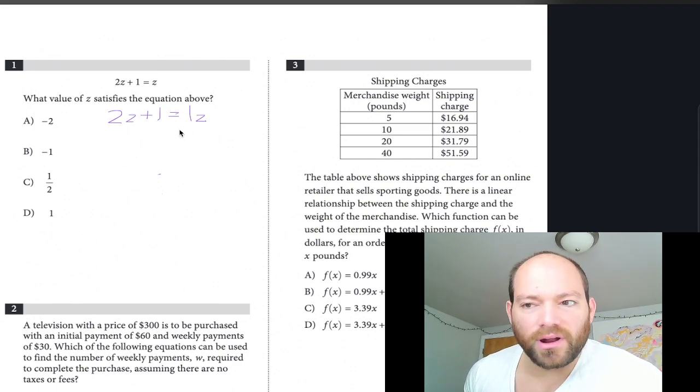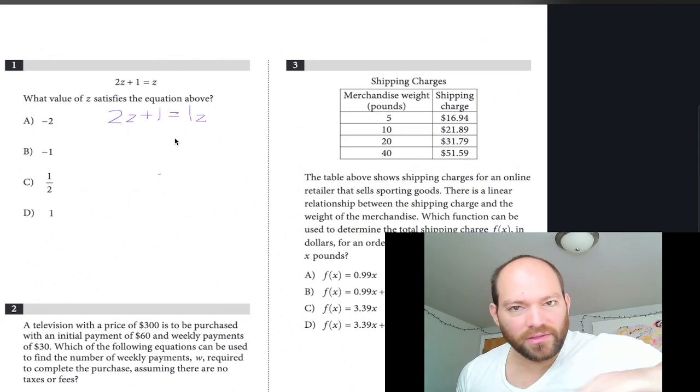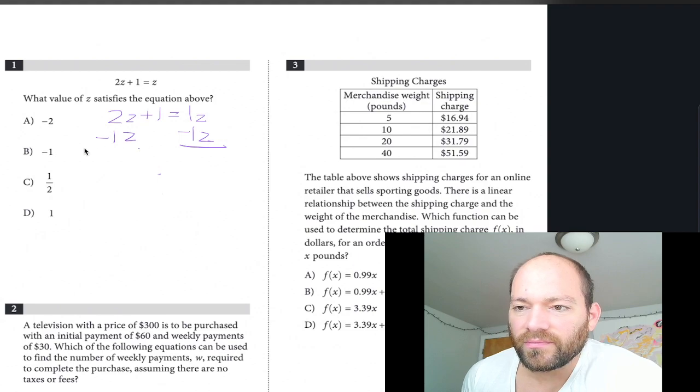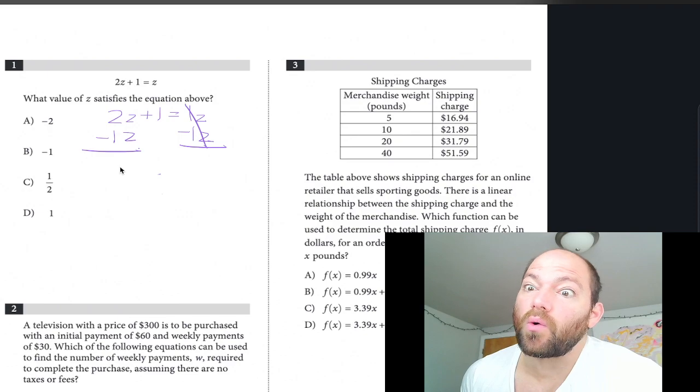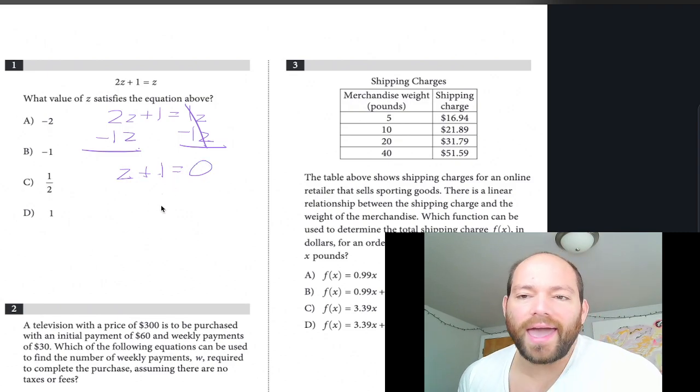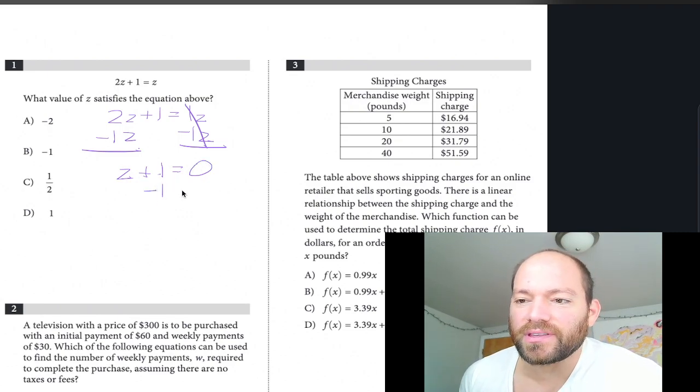Okay, now what I'm going to do, I'm going to bring the 1z over to the left, minus 1z to both sides. So 2z minus 1z is just 1z, or z. Now I have z plus 1 equals 0. And you can probably see where this is going, right?